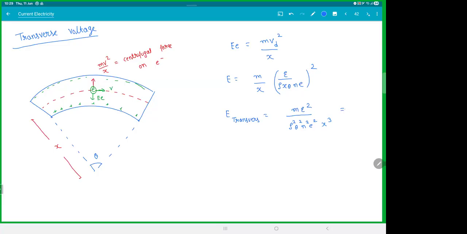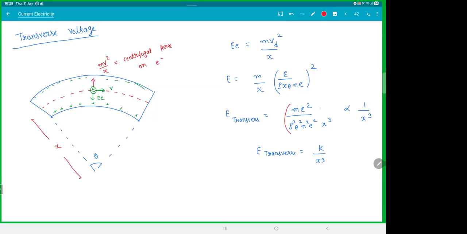So this is some constant into 1 by x cube. This is the field which is proportional to 1 by x cube. And because of this field, you actually get a potential difference. So we can write E transverse is equal to k by x cube, where k is that constant.